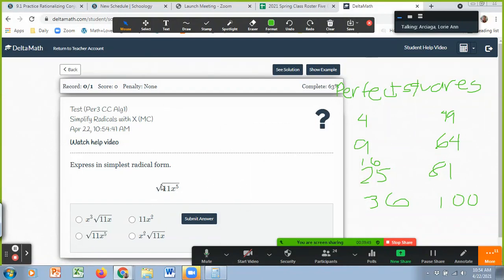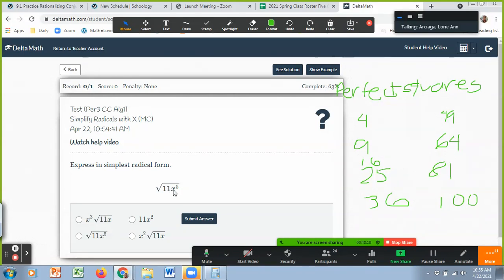Next, 11. Oh, 11 is a prime number, so it doesn't have a square root, meaning it's gonna stay inside the radical. But x to the 5th power, divide it again by 2. So something, remainder, something.